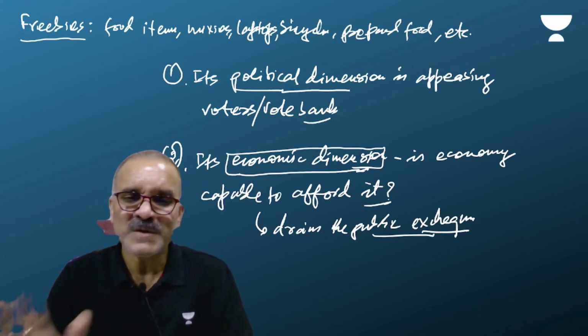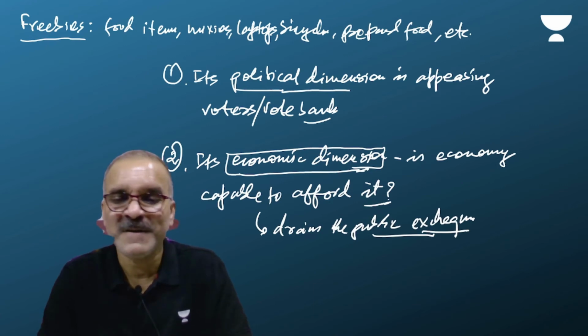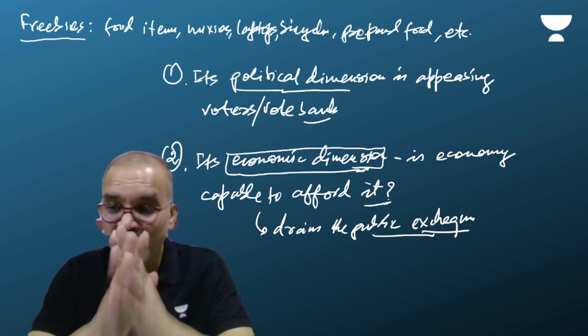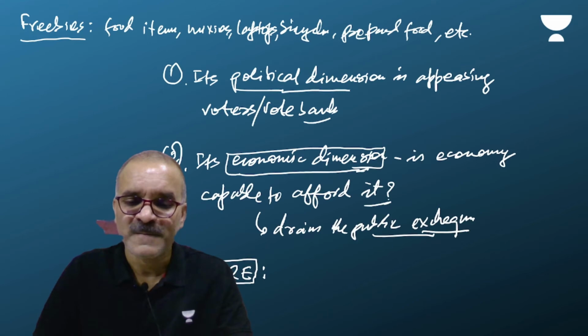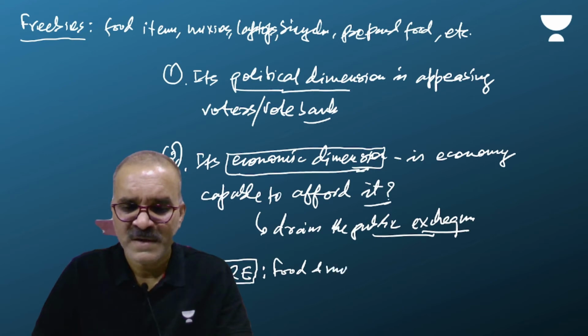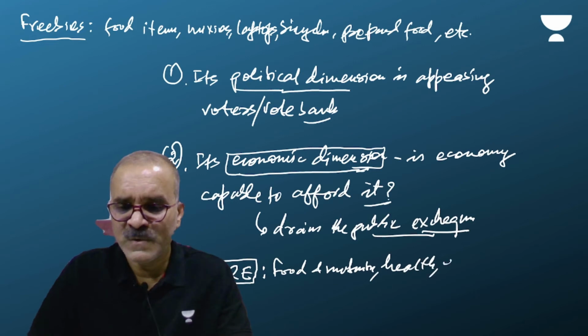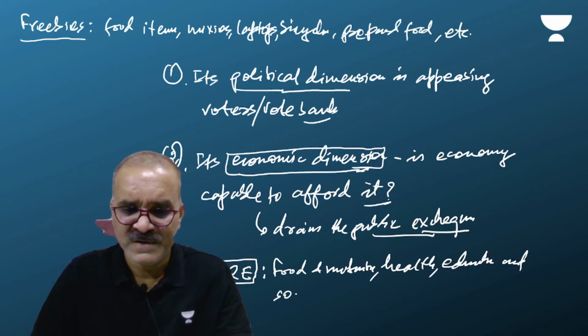So these are two dimensions of freebies. Now the problem is this. Democratic governments do welfare. You know welfare? And in the name of welfare, several schemes are run related to food and nutrition, health, education, and social security.